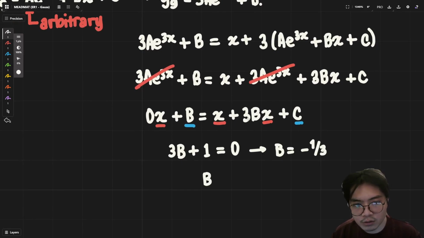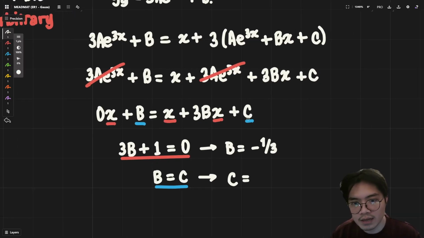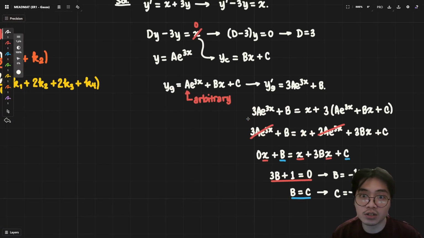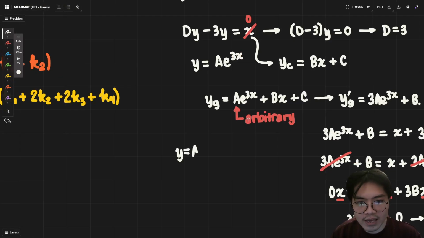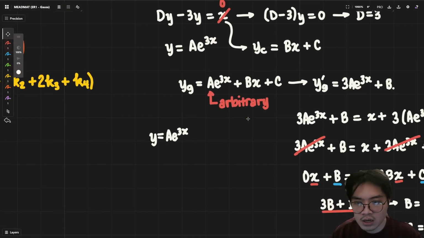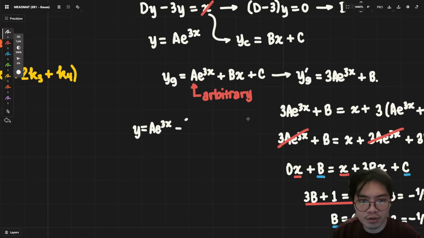Since your b is equal to c based on the blue markings, that means that your c is also going to be negative 1/3. And so that means that your answer in here is going to be y is equal to ae raised to 3x minus 1/3 x minus 1/3.